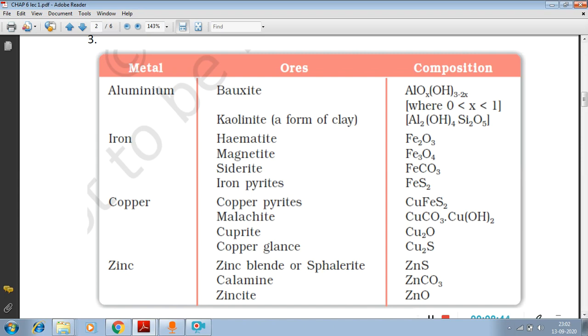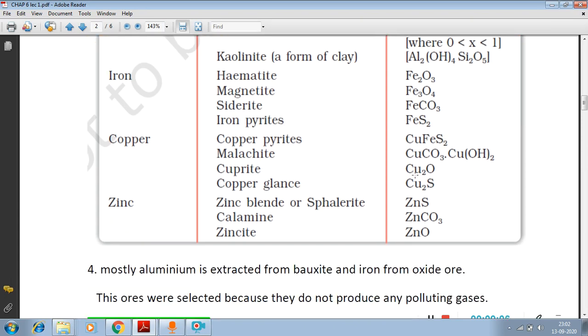The scientific name of the ore siderite is ferrous carbonate. Iron pyrites is FeS2, ferrous sulfide. The scientific name of iron pyrites is ferrous sulfide.